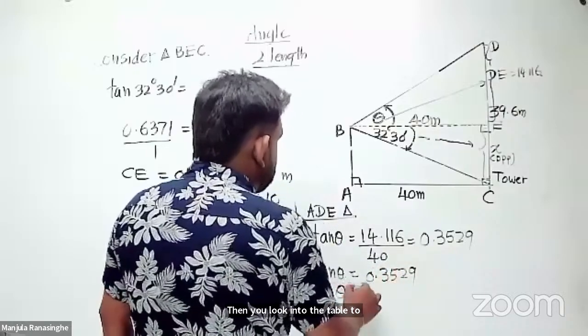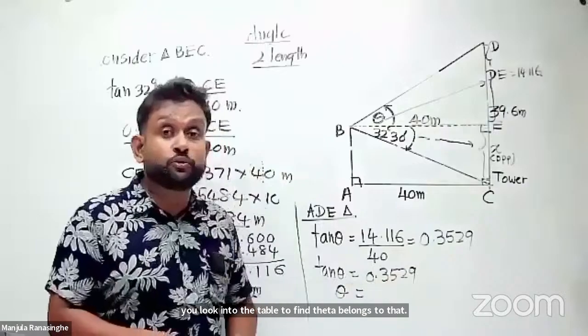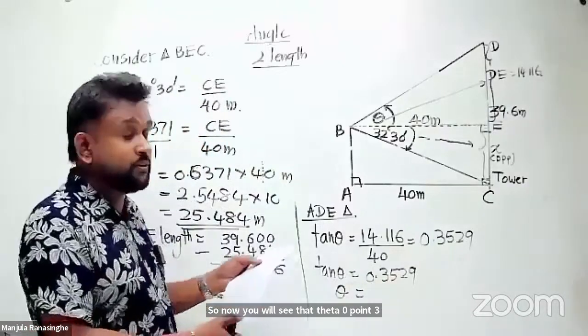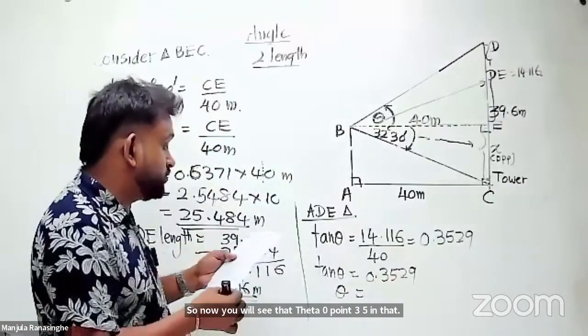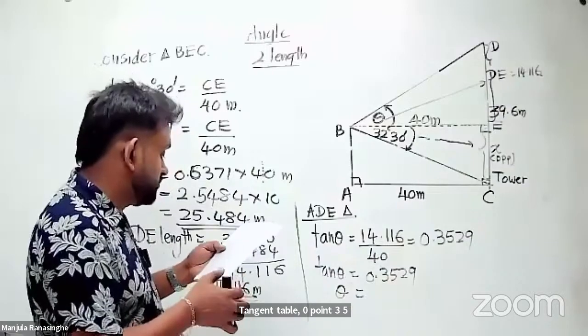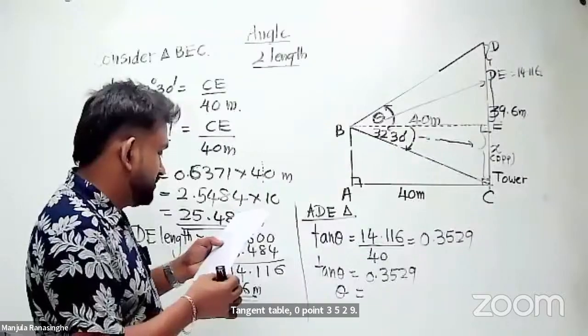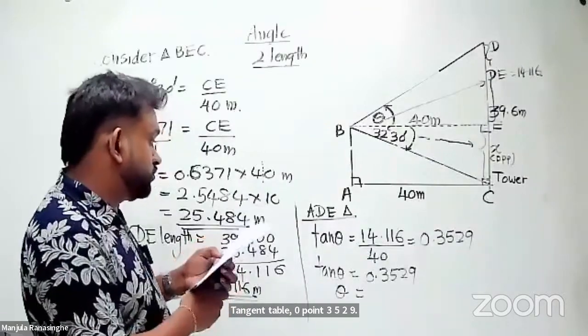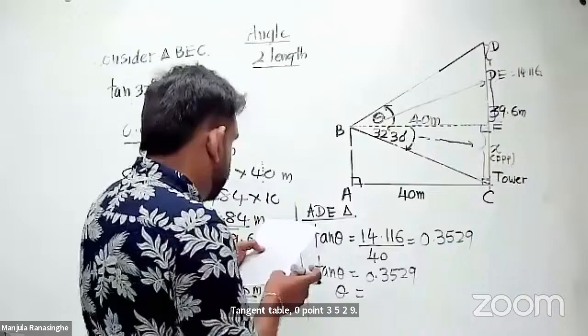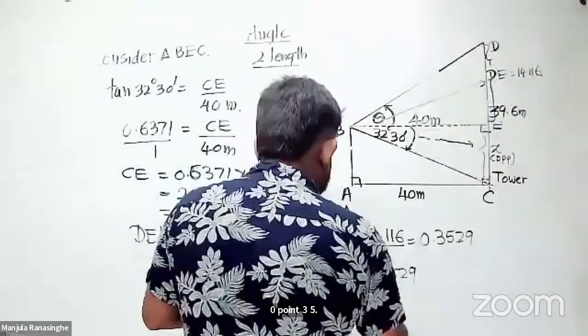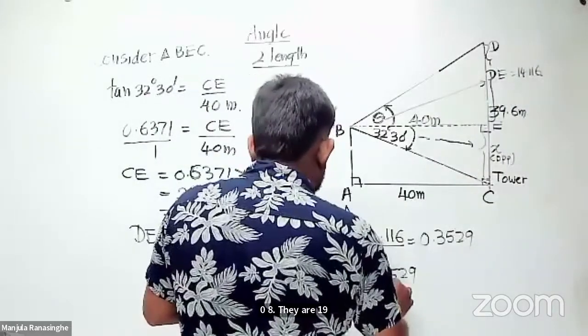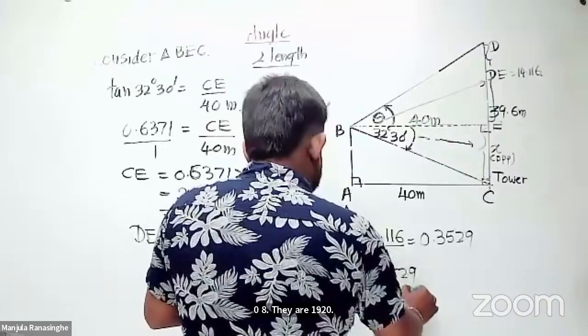So now you will see 0.3529 in the tangent table. 0.3508 there, 19 degrees 20 minutes, right?